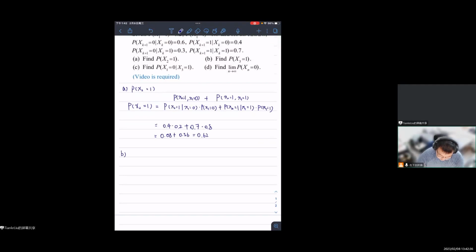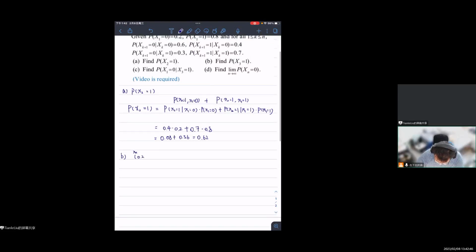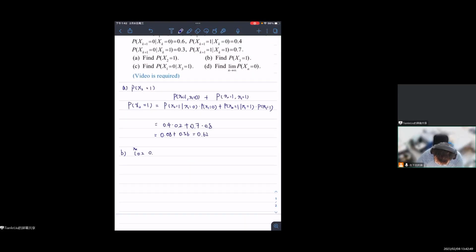Based on the class, we have introduced a much easier way to do this problem, which is to list the xk distribution here, which is based on x1 being 0.2, 0.8, and list the relationship with the conditional probability of xk plus 1 given xk.